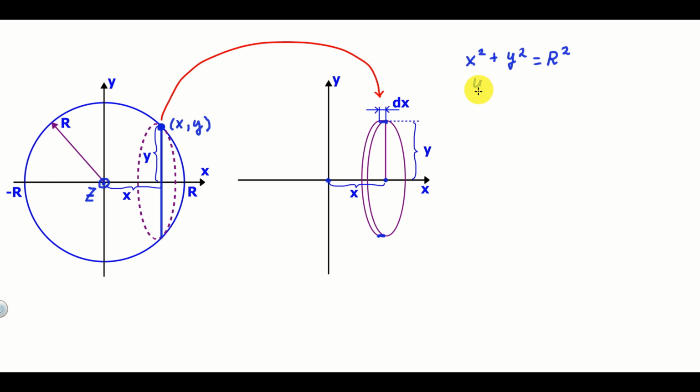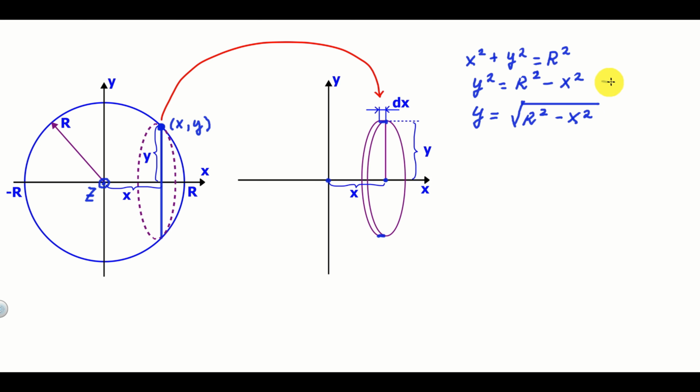From this equation, we obtain that y squared is equal to r squared minus x squared. And over here, we will only take the positive y values. Consequently, y will be equal to the square root of r squared minus x squared.